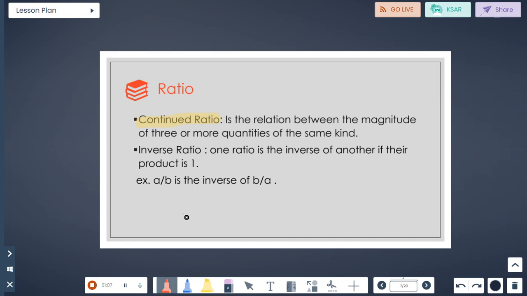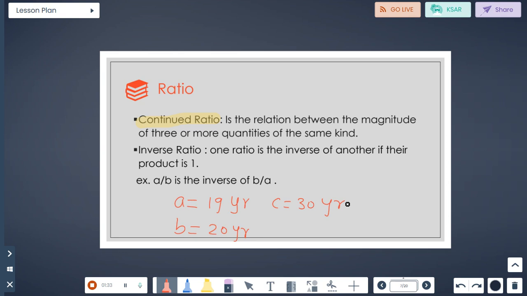Suppose we have to see the age of three different persons. Suppose A is 19 years old, B is 20 years old, and C is 30 years old.